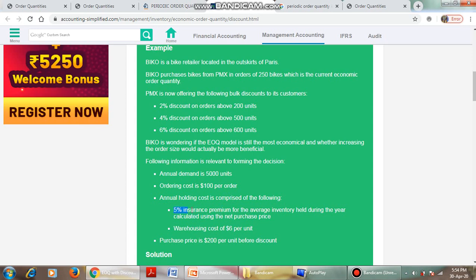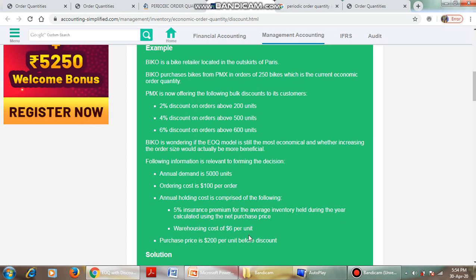That is 5% insurance. If he holds these bikes in the warehouse, the godown, then he has to go for insurance. So 5% insurance is incurred. And warehouse cost is $6 per unit.